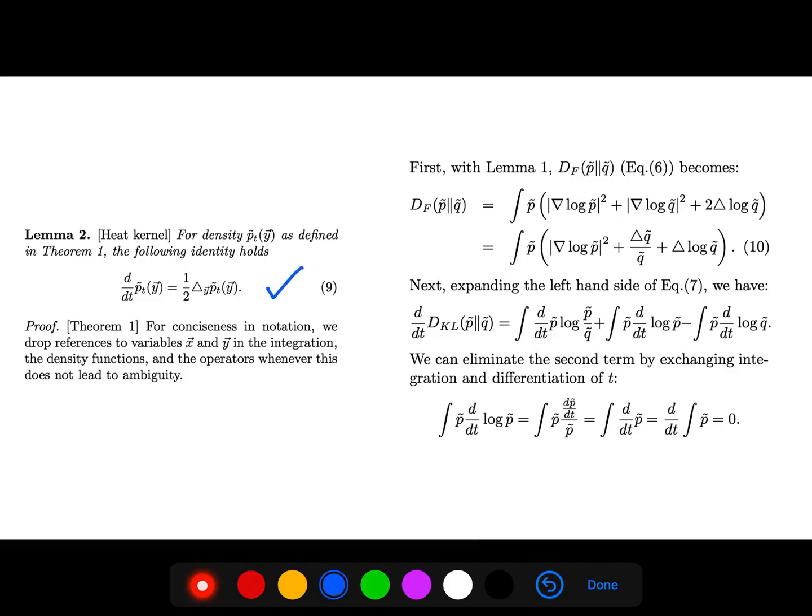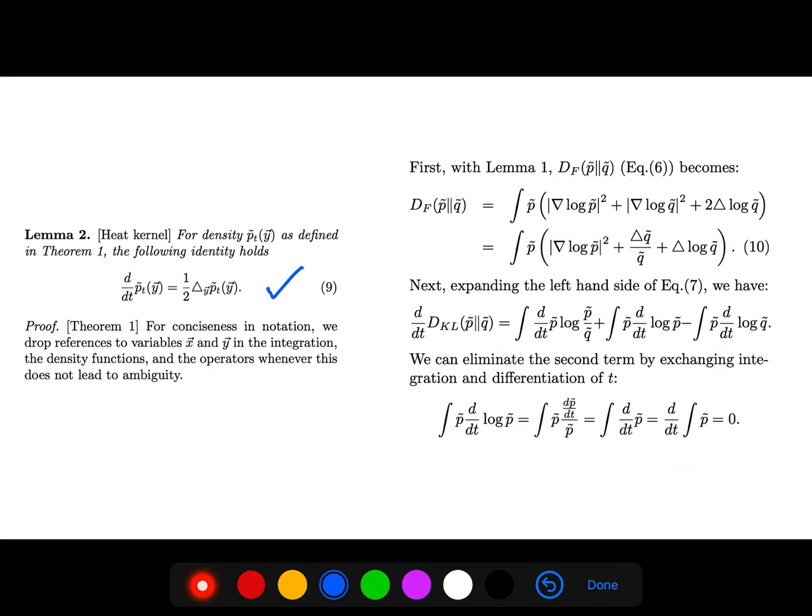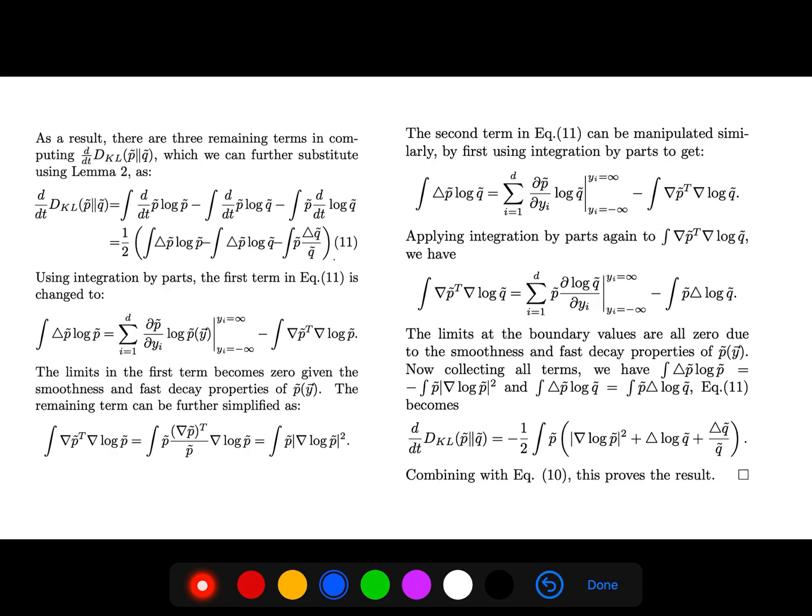This lemma is interesting, the heat kernel lemma. Again, applying integration by parts, the limits at the boundary are all zero due to the smoothness and fast decay properties of P tilde.